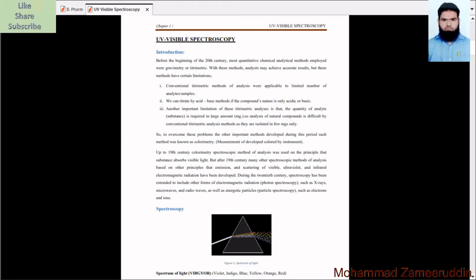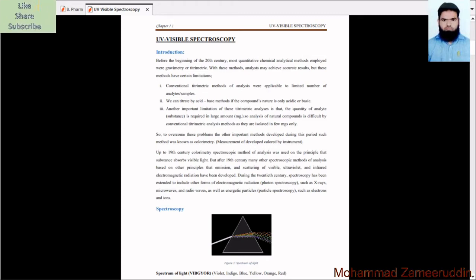If we spend that amount on the analysis, then we will not have enough available with us. These conventional methods required a very large amount of sample, and it was very difficult. So to overcome these problems, new, more accurate and sensitive methods were developed.